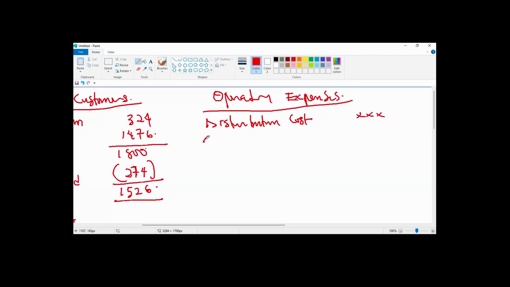If I have admin expenses, I will pick. If I have other expenses, I also pick. If you look at the question, how much is the other expenses? We have 157.